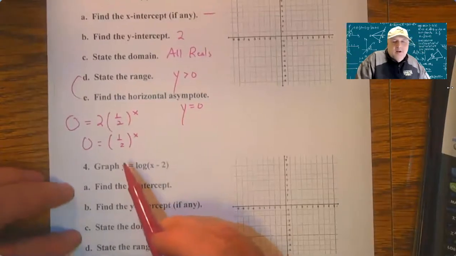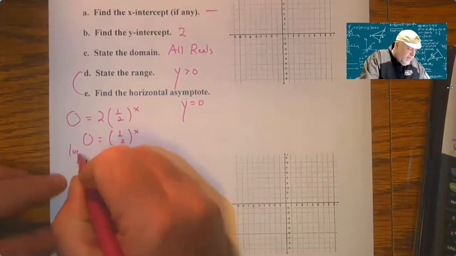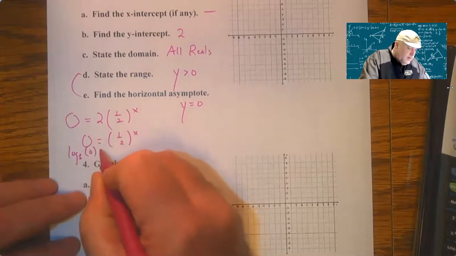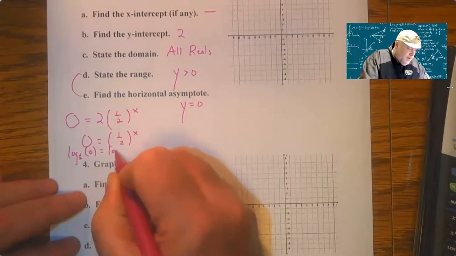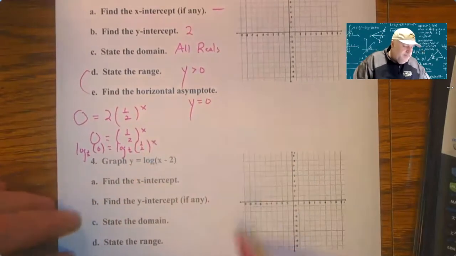And then when you go to do log base 1/2 on each side, it's just not going to work. Log base 1/2 of 0, you cannot have a 0 or a negative number in your set of parentheses when you do that.